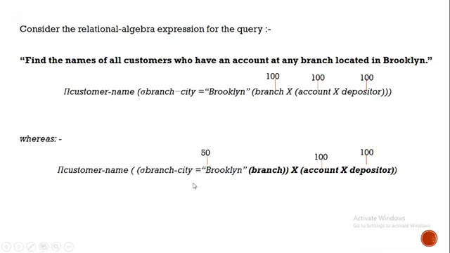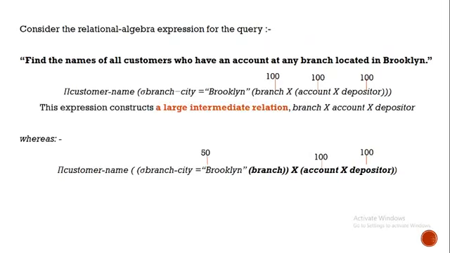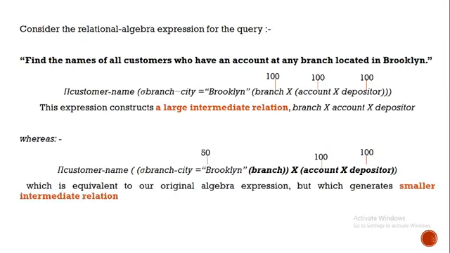So we can see here that the first query will result in a large intermediate relation, whereas the second query will result in a smaller intermediate relation. Now what is the meaning of intermediate relation? In the first query, the execution time will be very large, because 100 rows of depositor will be joined with 100 rows of account, and then the result will be joined with the 100 rows of branch.